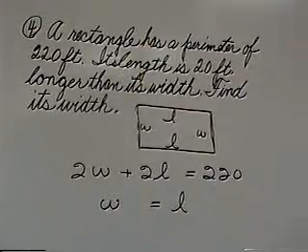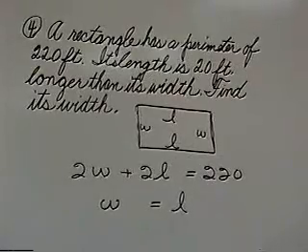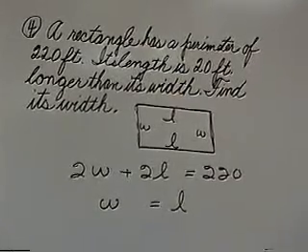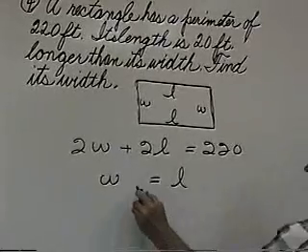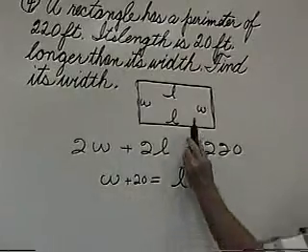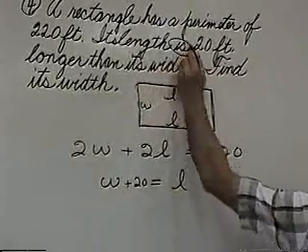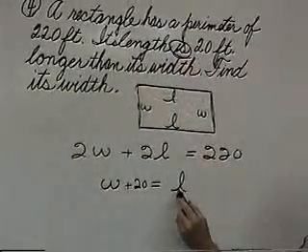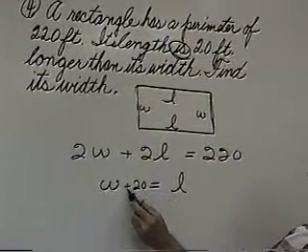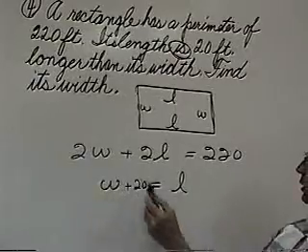Now, this is where a lot of students will foul up by just being careless. It says its length is 20 longer than its width. Well, let's use our words. Its length is... there's our equal sign... 20 more than its width.